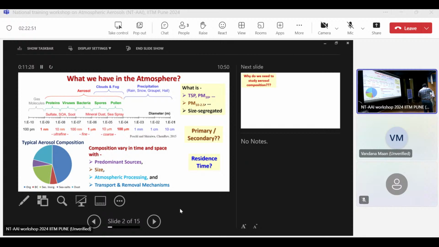Let me call this mass. Now, same mass, 1 micron particle. So we have to calculate the number. So mass you already know. Now you just have to equate them, right?